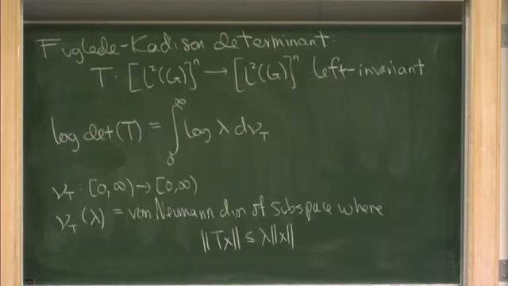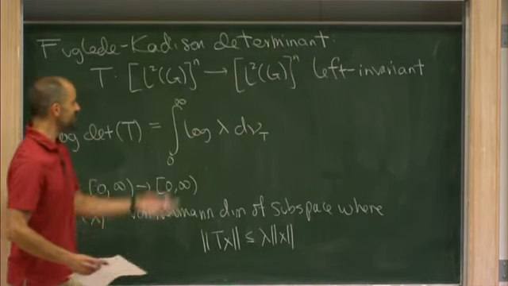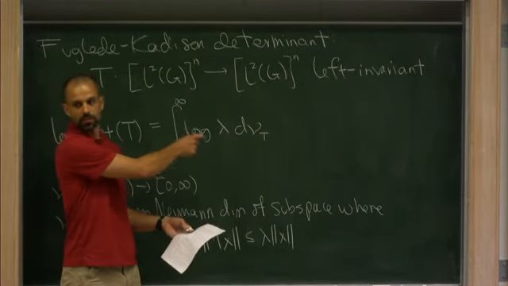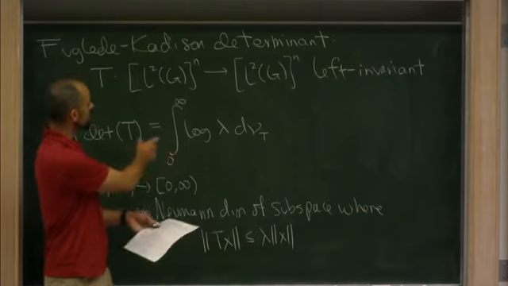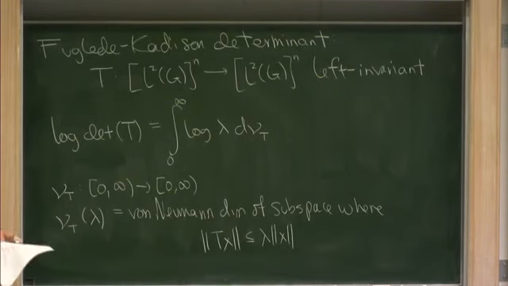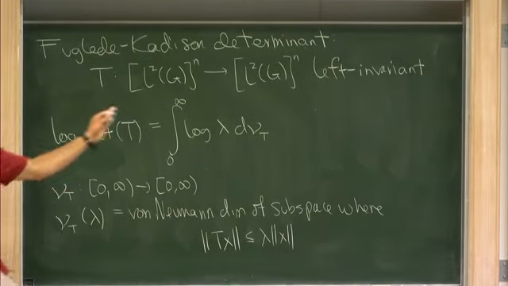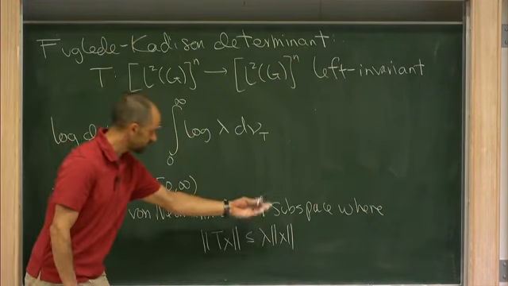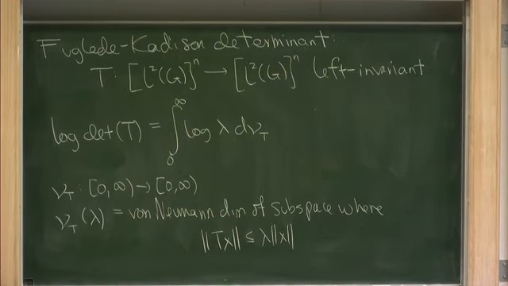And then it's just going to spike, by exactly the size of that corresponding eigenspace, okay? And so this integral is really just going to be a sum. I pick up at each of the eigenvalues exactly that multiplicity. So I'm just going to get the sum of the logs of all of the eigenvalues with their appropriate multiplicity. So that's just the log of the determinant. Okay, so that's essentially what's going on here as well, right? I'm integrating over the eigenvalues and picking up their multiplicities. Okay, more or less. All right.